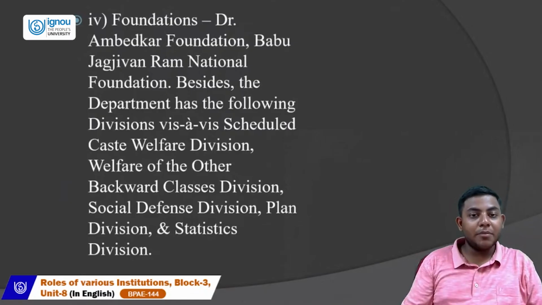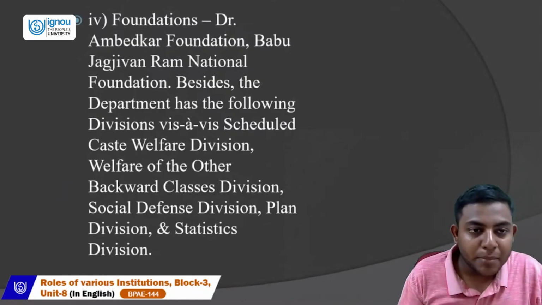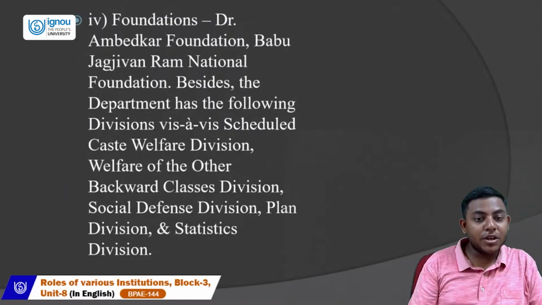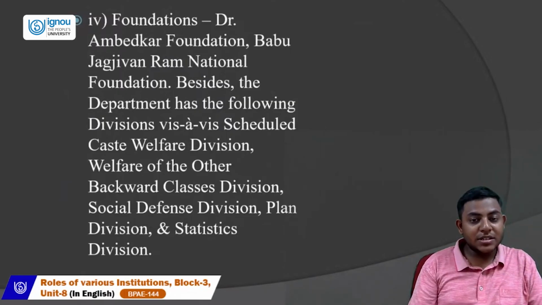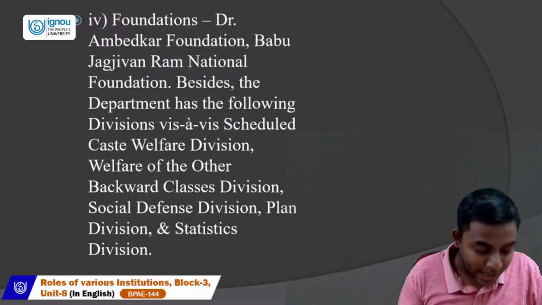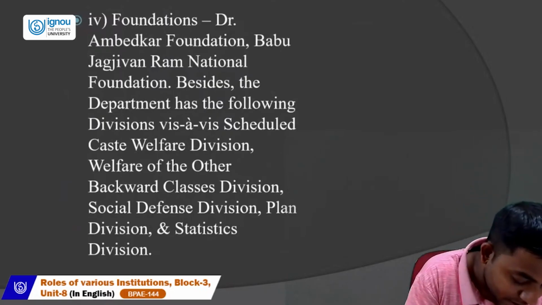That is the Dr. Ambedkar Foundation and the Babu Jagjivan Ram National Foundation. Besides, the department has the following divisions vis-a-vis scheduled caste. What are these divisions? They are the Scheduled Caste Welfare Division, Welfare of Other Backward Classes Division, Social Defence Division, Plan Division, and Statistics Division.